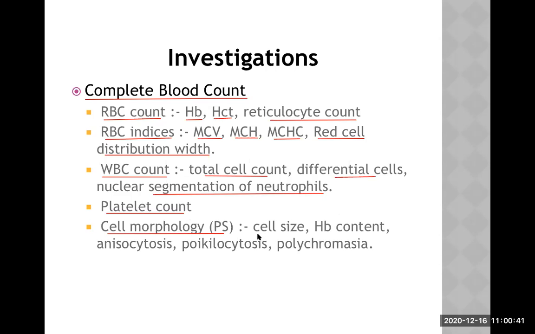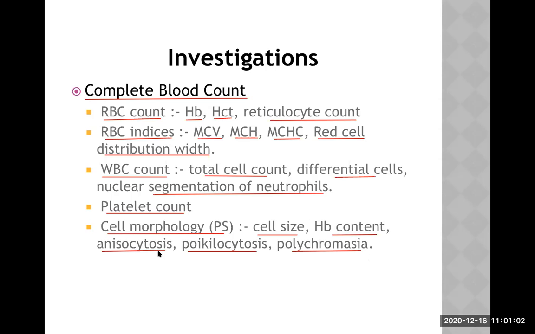It gives us important information about cell size and hemoglobin content, which is the color of the RBC. Anisocytosis means different size. Poikilocytosis means different shape, and polychromasia means different color. These are the important terms in peripheral smear.